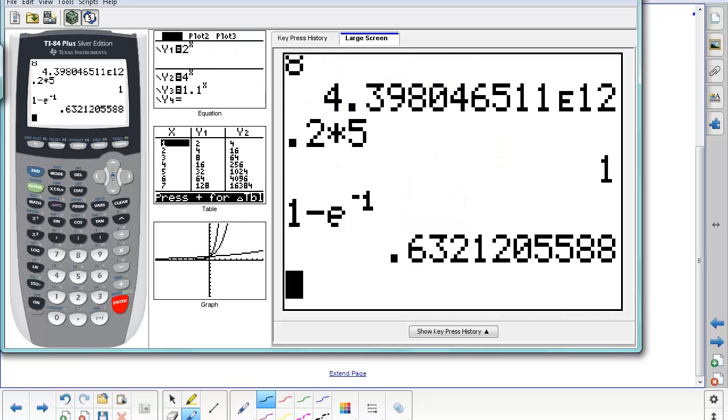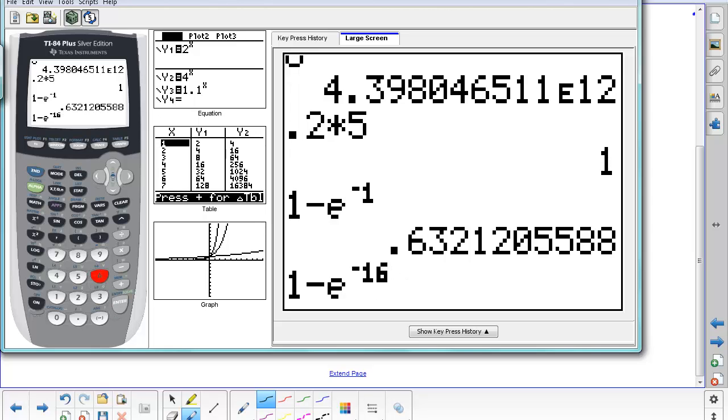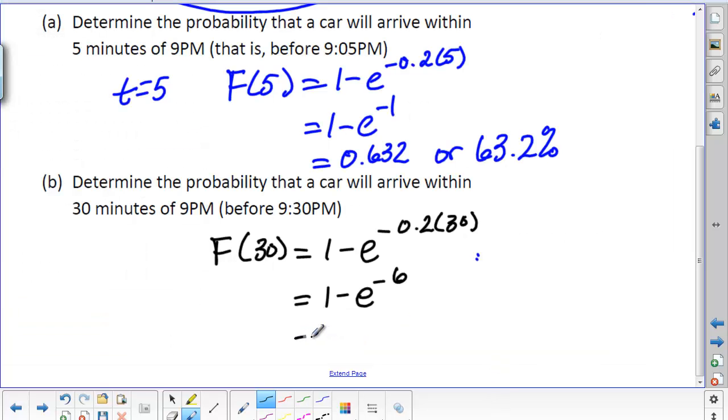And we can easily just use our last calculation, change the negative 1 to a negative 6. We get 0.998, or 99.8%. So there's a really good chance that a car is going to arrive within half an hour.